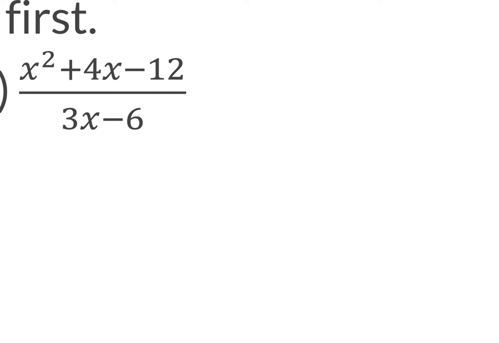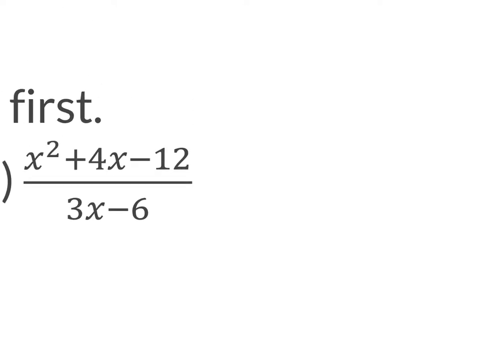The first and the last are not perfect squares, but there's only a 1 at the front. What's the method? Good. Are there factors of negative 12 that sum to positive 4? Positive 6, negative 2. So then I do x plus 6 and x minus 2.